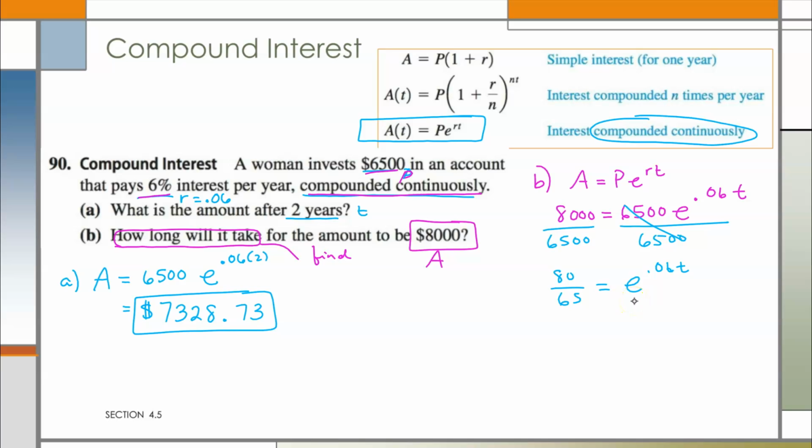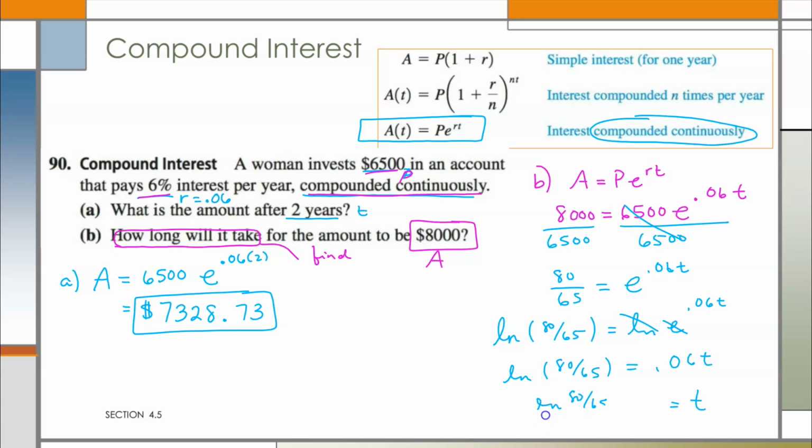What undoes an exponential? What undoes an exponential is a logarithm, and so we're going to ln both sides. So we have ln of 80 over 65 is equal to the ln of e to the 0.06t. ln and e cancel one another out, and so we have the ln of 80 over 65 is equal to 0.06t, and then to get t, we're just going to take ln of 80 over 65 and divide that by 0.06.